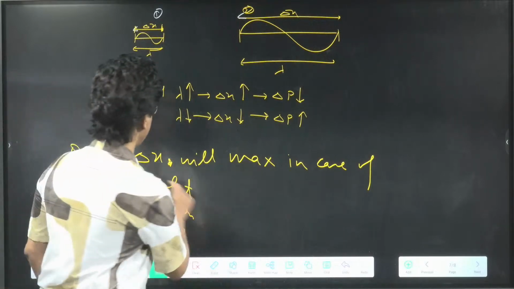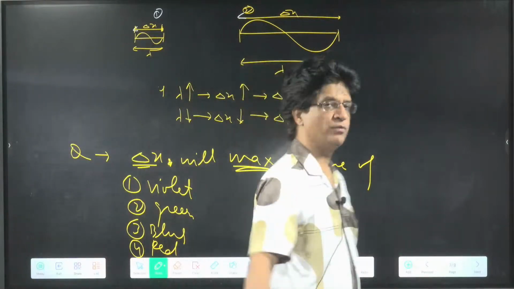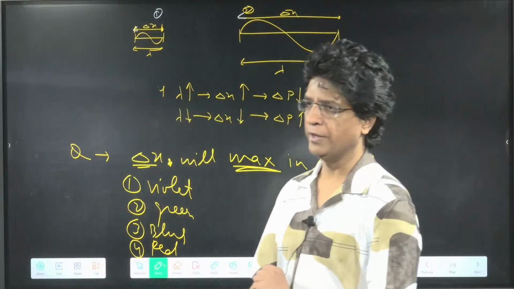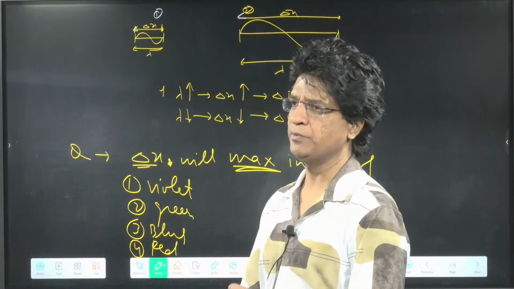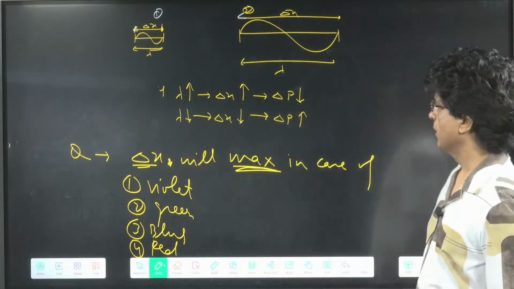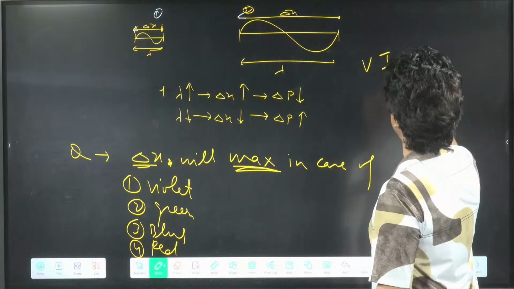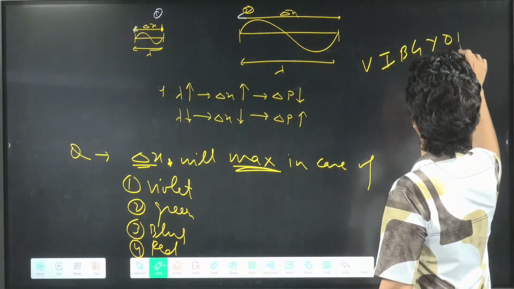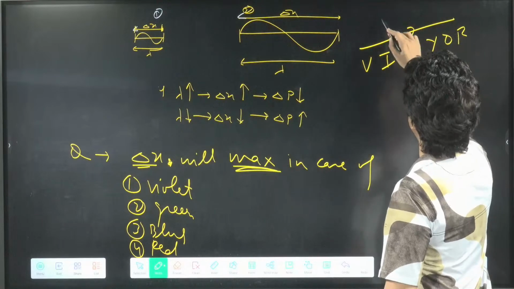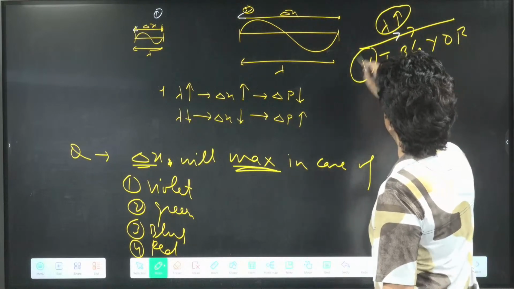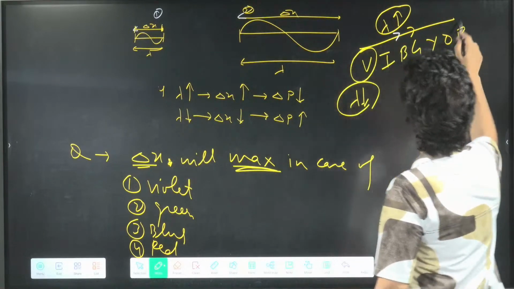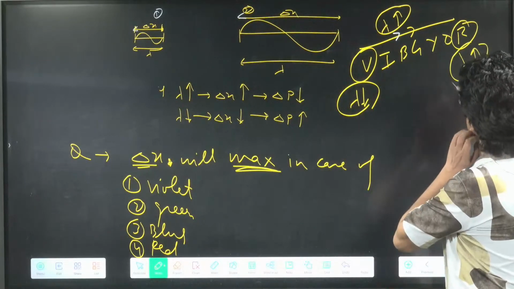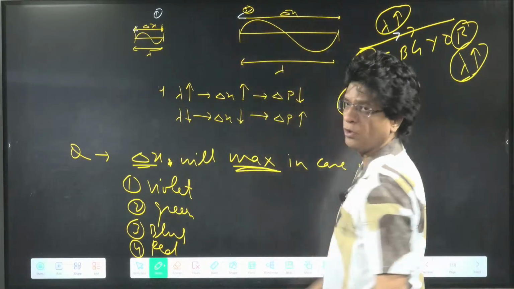Come on, delta x will be maximum in which case? Red. If I go in VIBGYOR, as I proceed from left to right, the lambda keeps on increasing. So violet has the minimum lambda and red has the maximum lambda. If lambda is bigger, delta x is also bigger.